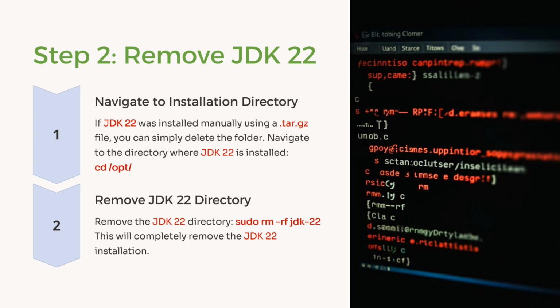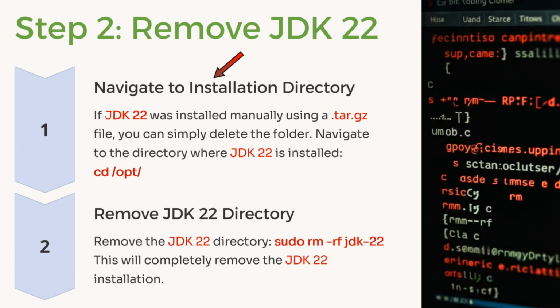Step 2 is remove JDK 22. For that, navigate to installation directory. If JDK 22 was installed manually using tar.gz file, you can simply delete the folder. Navigate to the directory where JDK 22 is installed, which is opt folder. Then remove JDK 22 directory using sudo rm command.